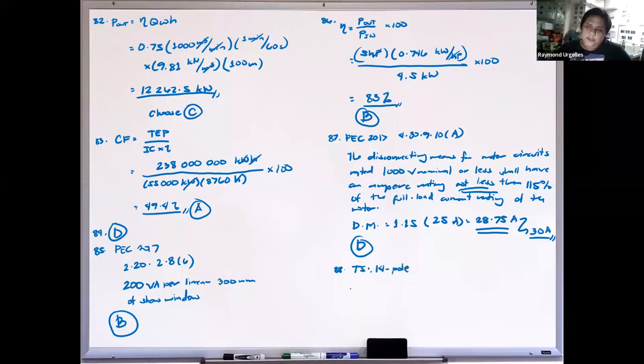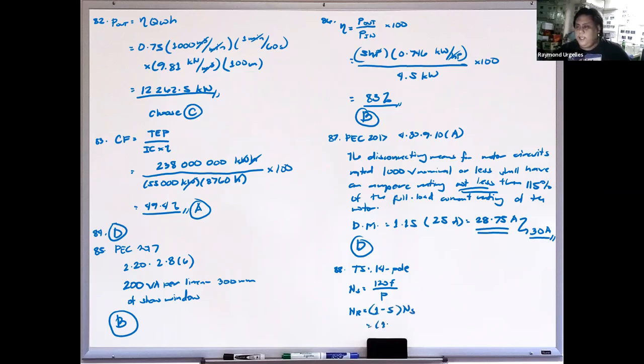Let's try to solve. Synchronous speed is 120 F over P. The rotor speed is 1 minus the slip, multiplied by the synchronous speed.